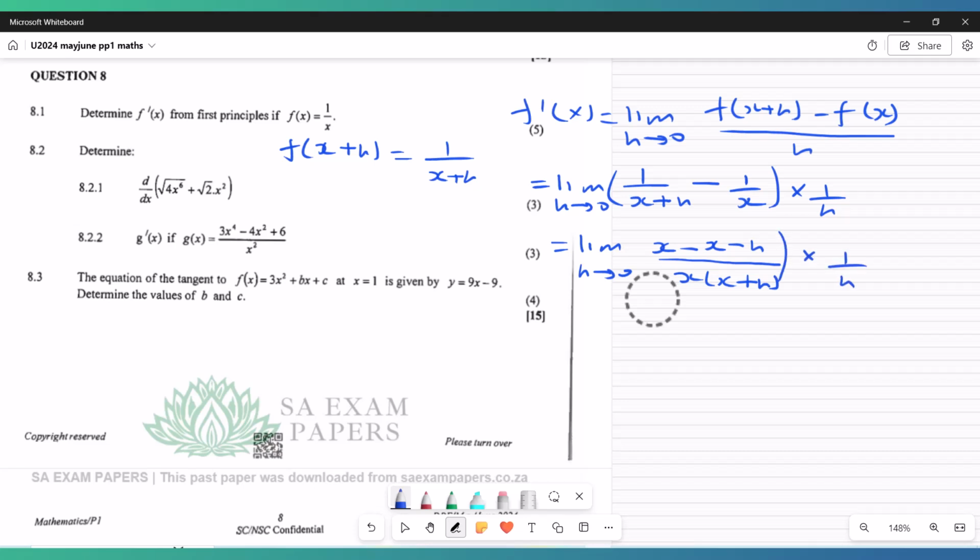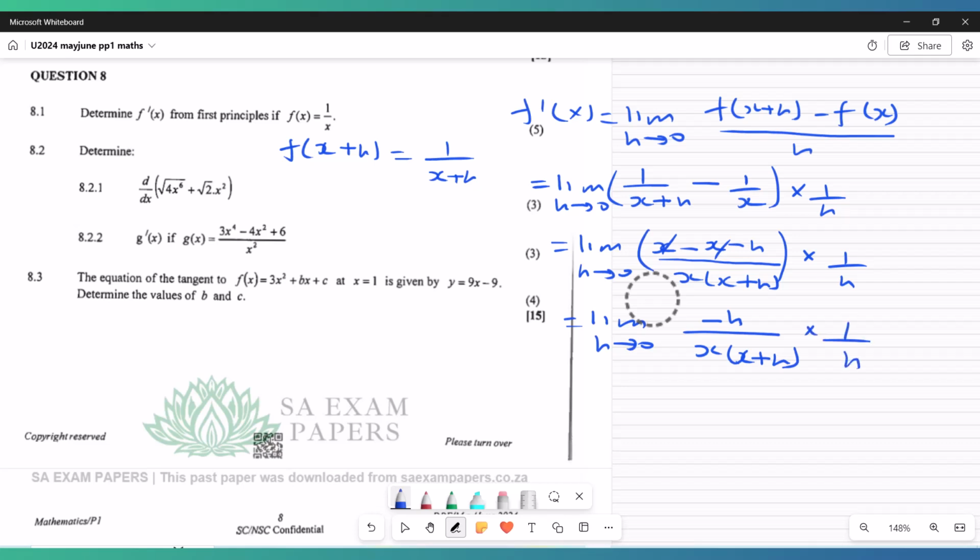Here I can see x minus x cancels out. So I'm left with the limit as h tends to 0 of negative h over x times (x plus h), then times 1 over h.